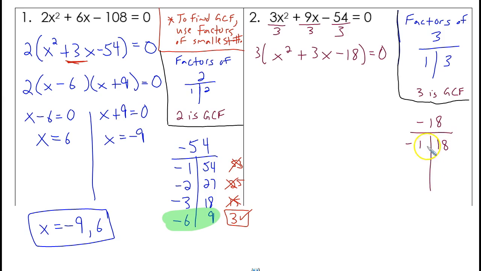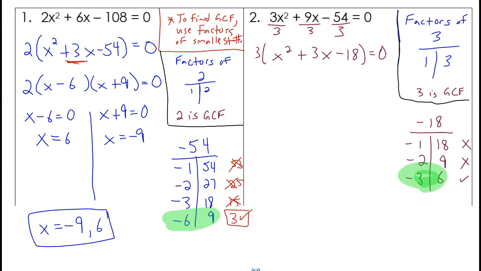I know the bigger one has to be positive. So negative 1 plus 18 doesn't work. That's 17, not 3. Negative 2 and 9 don't work because that's 7, not 3. Negative 3 goes into it 6 times, and it looks like this is the winner.